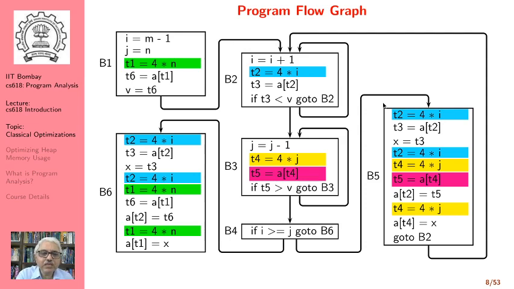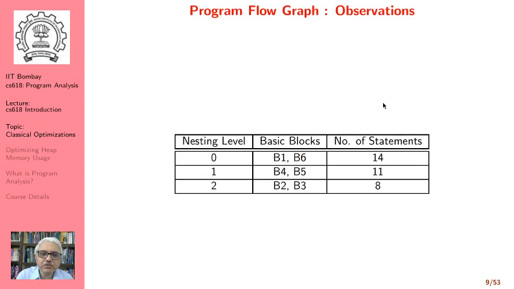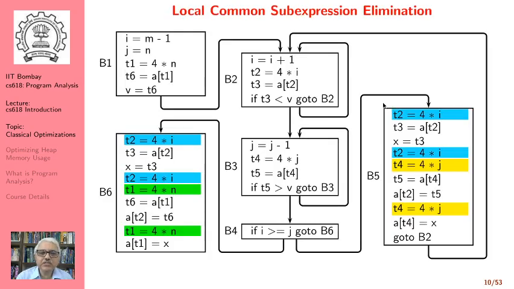Now we want to see how we can optimize this program. So the first optimization that we want to look at is what is called local common subexpression elimination. It's called local because it restricts its attention to a particular basic block. The advantage is that within the basic block we know that the control flow is strictly sequential, so we do not have to ask a question about whether there is another path modifying a particular statement.